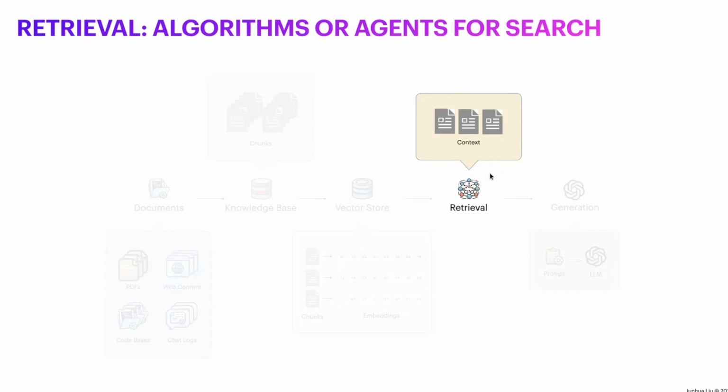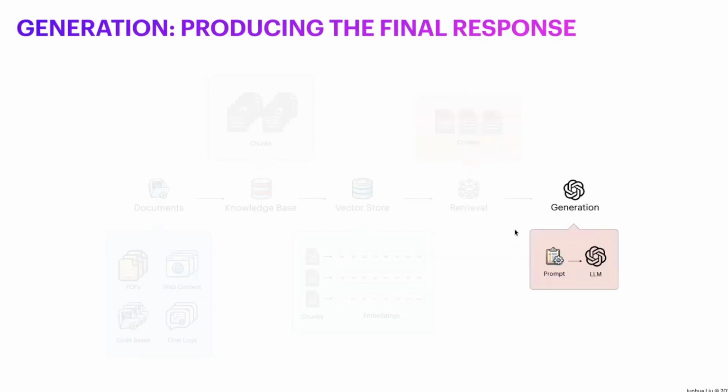This is passed together with the original query to form a new prompt for the LLM. And finally, there is the generation component, where the prompt formed by the context and the original query is passed into the large language model to generate the final response. So that is the basic workflow consisting of these five components.